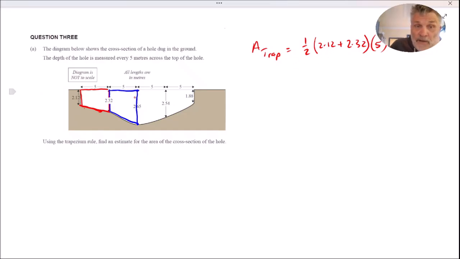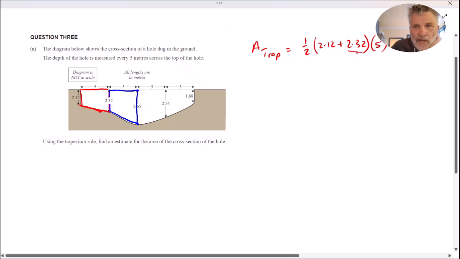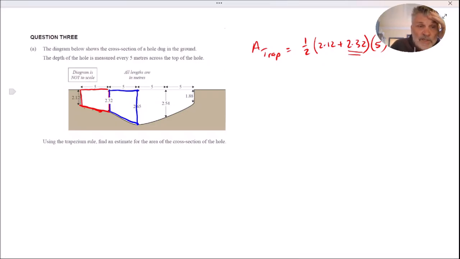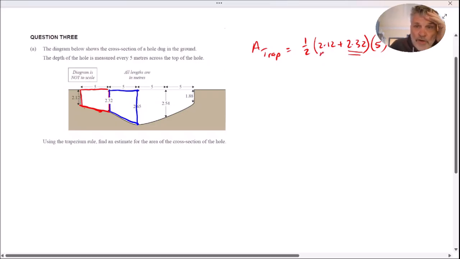And we just add these up for all the trapezia, and you can see that these sides in the middle are going to get doubled up because they will be part of two trapezia, and the ones on the outside will only occur once.